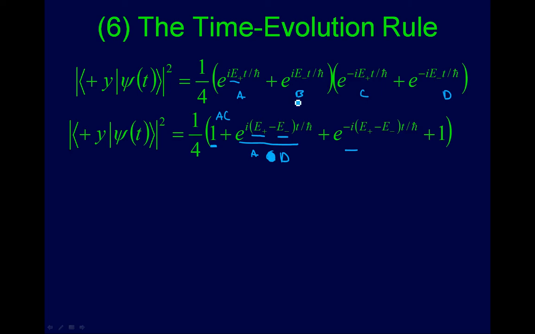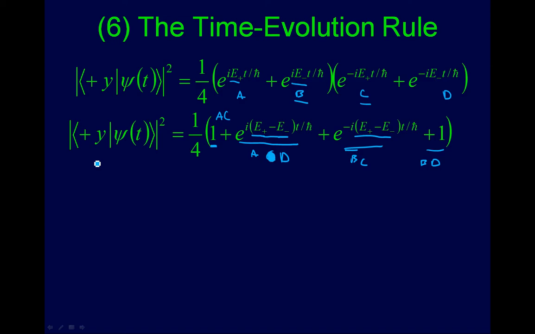This piece is the B times C term. I get positive e to the i negative, and this is negative e to the positive. What I did is pull this negative out to make it have the same shape as this one here, and you'll see in a second why I did that.